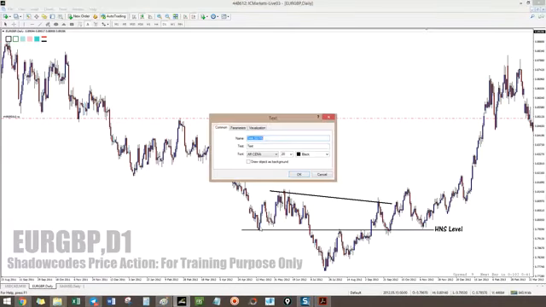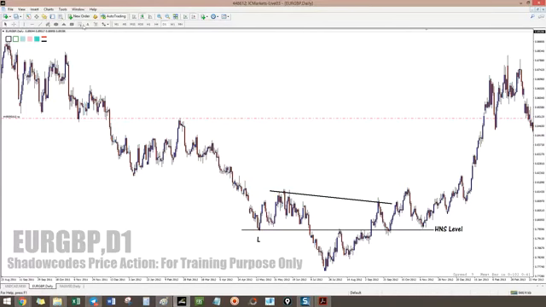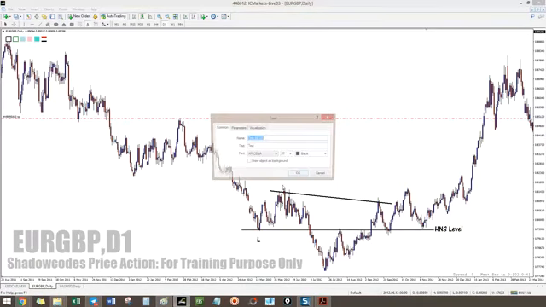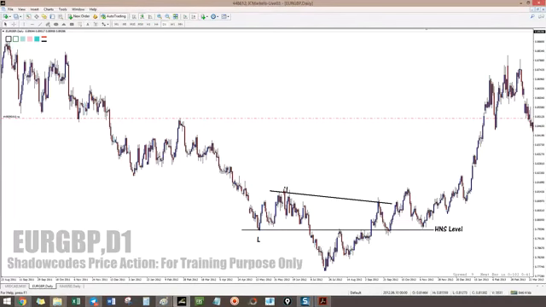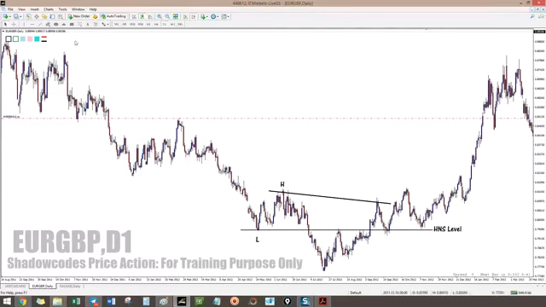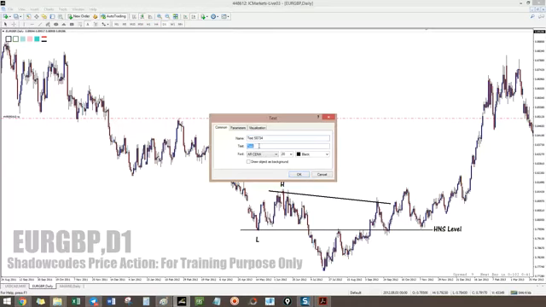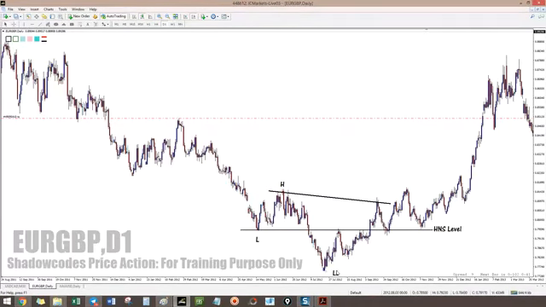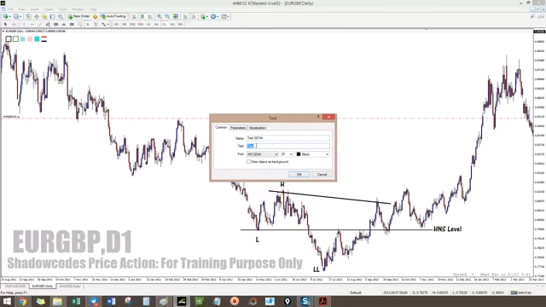This is our low. This is our high. This is lower low. And this will be our lower high.